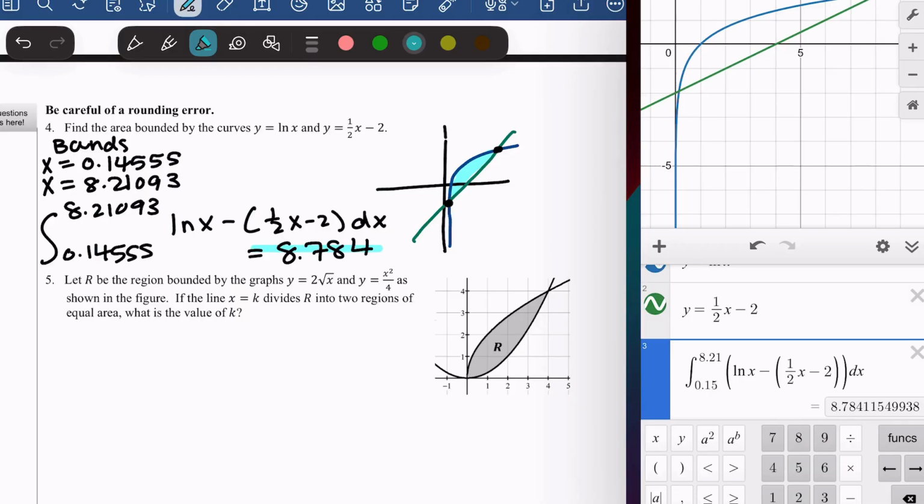Okay, notice how the decimals at the end changed, right? So if you were, let's say, looking at a multiple choice problem and this multiple choice problem gave you all those decimals as your answers, you would want to make sure that you don't round too early in the problem because it can end up changing your final answer.